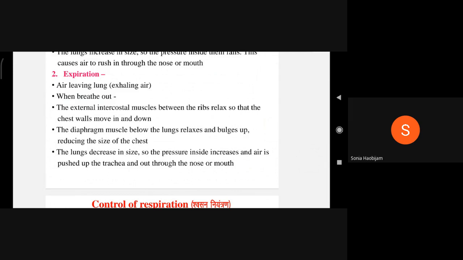The diaphragm muscle below the lungs relaxes and bulges up, reducing the size of the chest. The lungs decrease in size, so the pressure inside increases and air is pushed up the trachea and out through the nose or mouth. Okay.